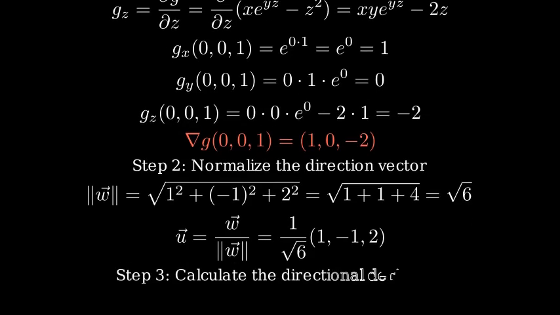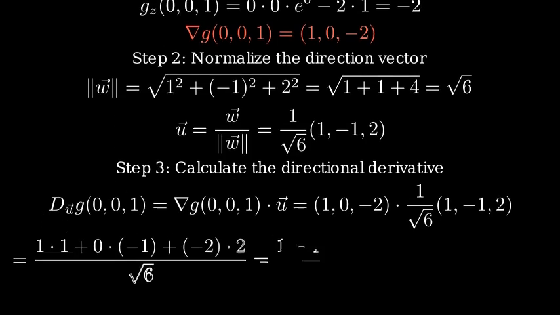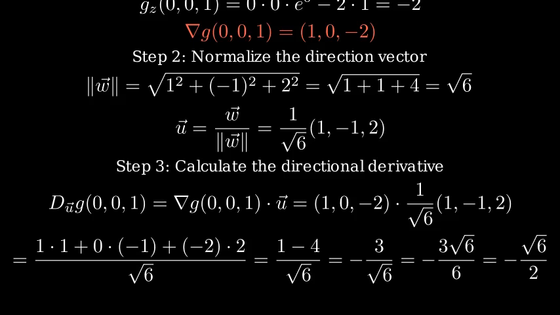Step 3. Calculate the directional derivative using the dot product. The directional derivative is the dot product of the gradient 1, 0, minus 2, and the unit vector. This gives us 1 times 1 plus 0 times minus 1 plus minus 2 times 2, all divided by the square root of 6.